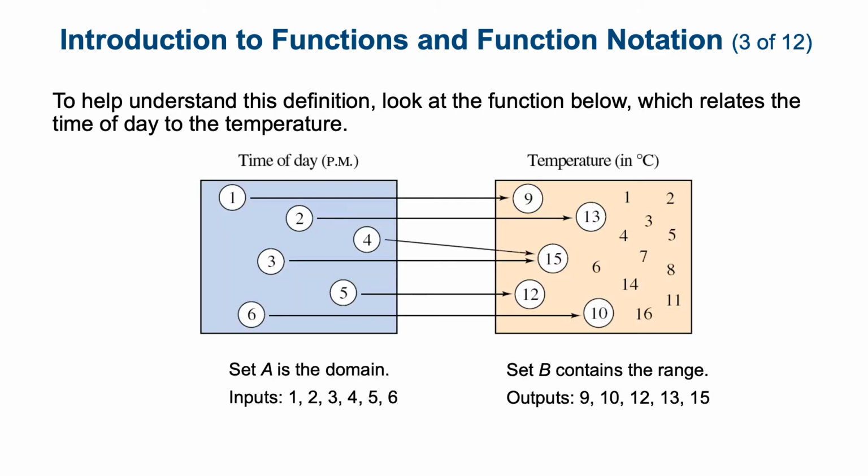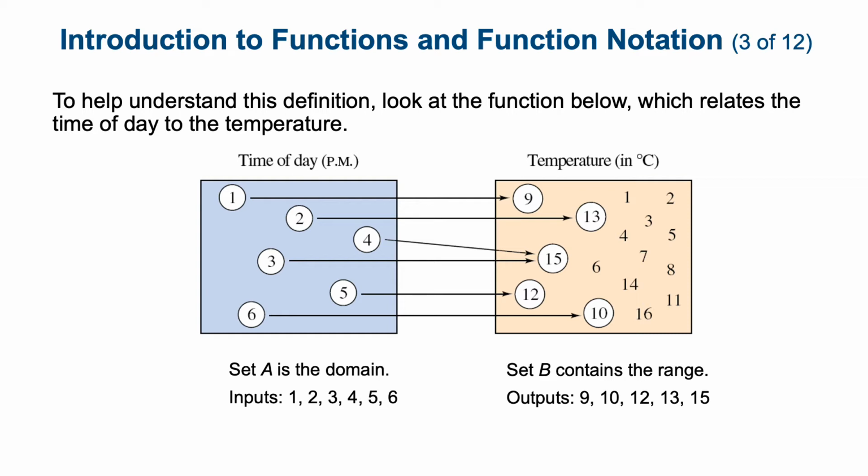Here it is. Let's look at this function which relates the time of day to the temperature. I like to check the weather in the mornings, to see if I can send my kids out to play and not feel like I'm toasting them.